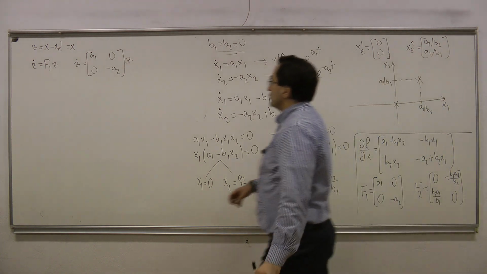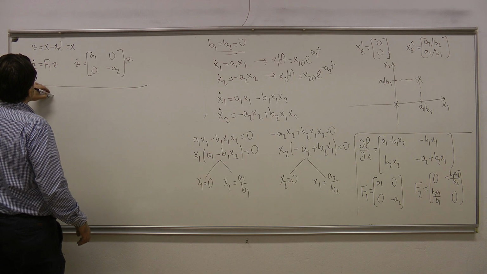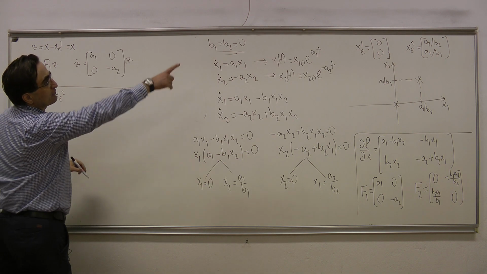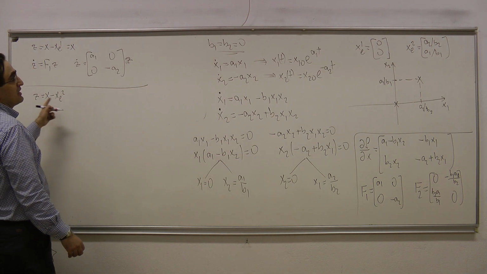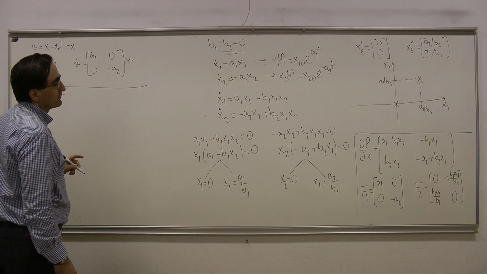And for the second equilibrium point, Z equals x minus xe2, and xe2 is different than the origin. That means that Z and x are different variables in this case.